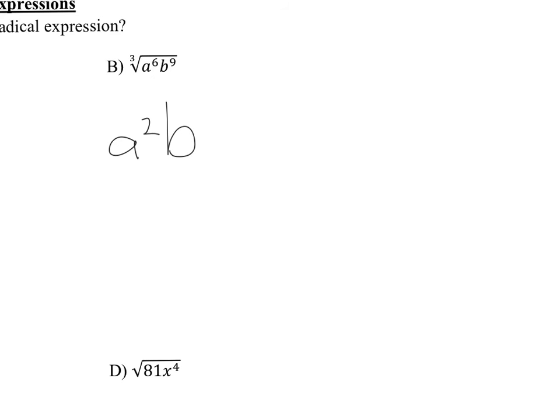And that would be b to the 3rd. You could rewrite it how I did the long way and take the cubic root of b cubed 3 times, or the cubic root of a cubed 2 times, but this would be your answer. And again, since I'm starting with an odd, I do not care about absolute values. So this right here would be my final answer.